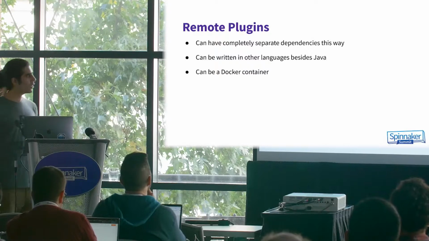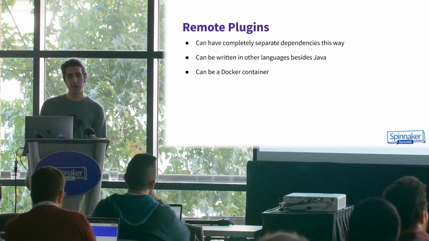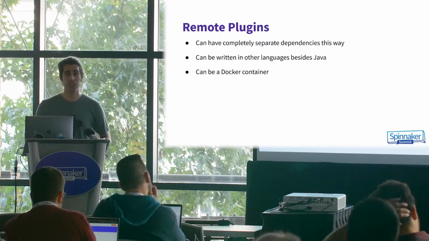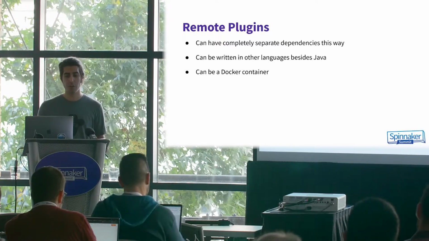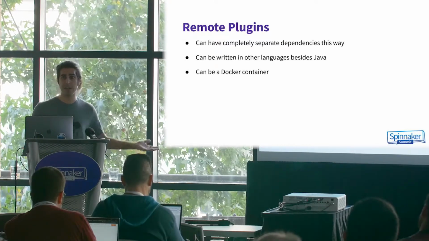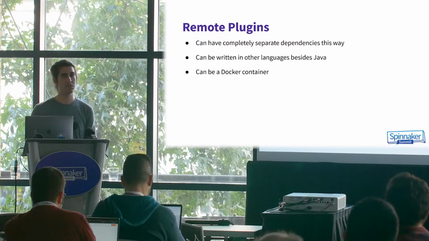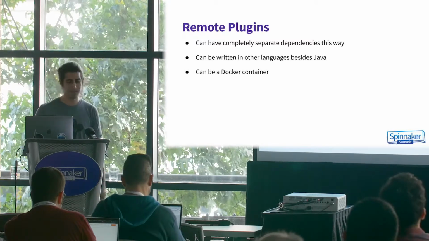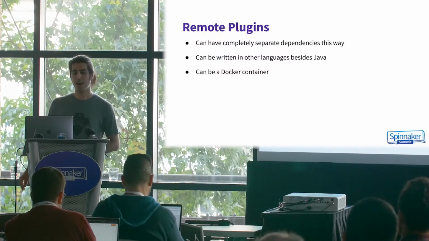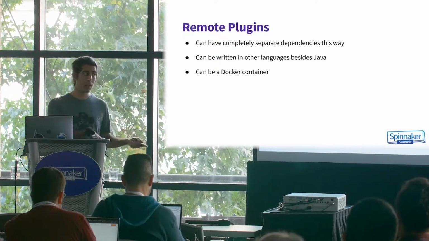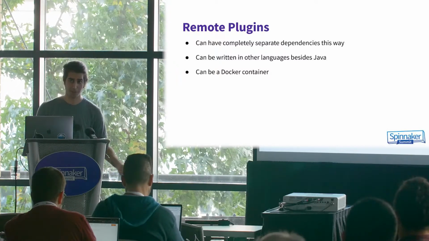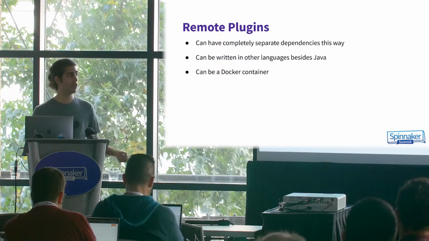Cool. So what we talked about a little bit earlier, we mentioned remote plugins. And remote plugins, the way that they would be implemented in this PF4J framework would be two parts. One would be a service that you write in whatever stack you want. It's running as a service. You can have it running as a container, as an image, whatever. And then you also need to extend the Spinnaker service that needs to talk to your remote plugin. So it's like a two-part thing.